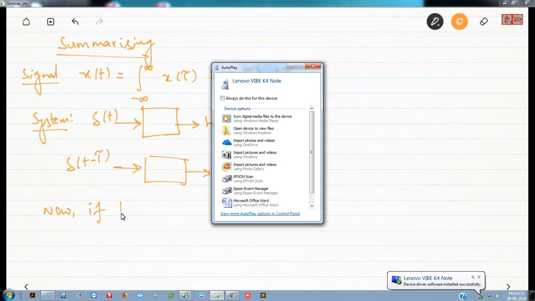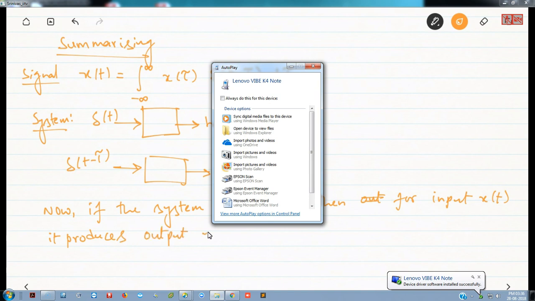Now, if the system is linear, then for input x of t, it produces output y of t, where y of t is equal to the integral of x of tau, h tau of t, d tau. This is only if the system is linear.